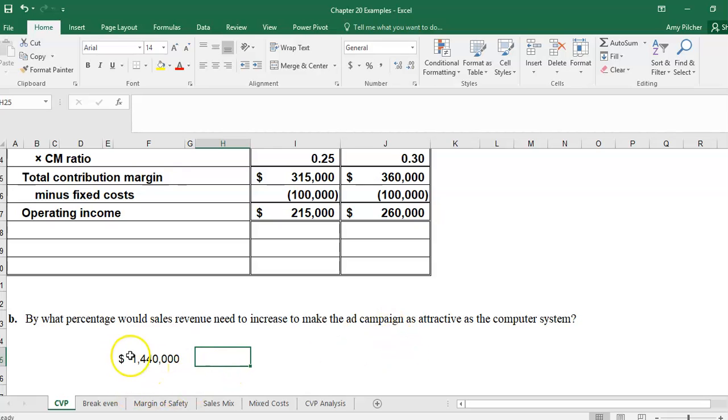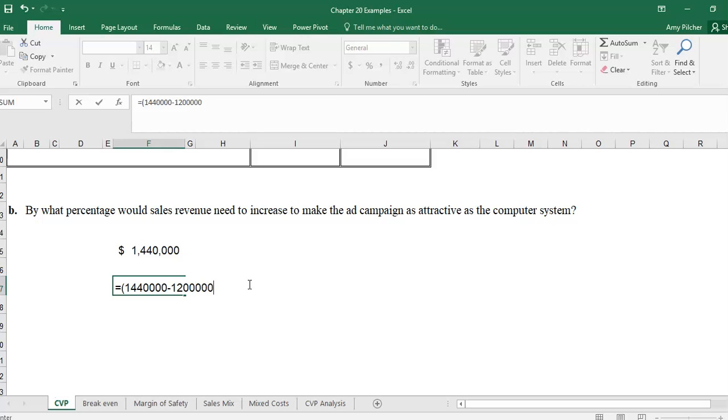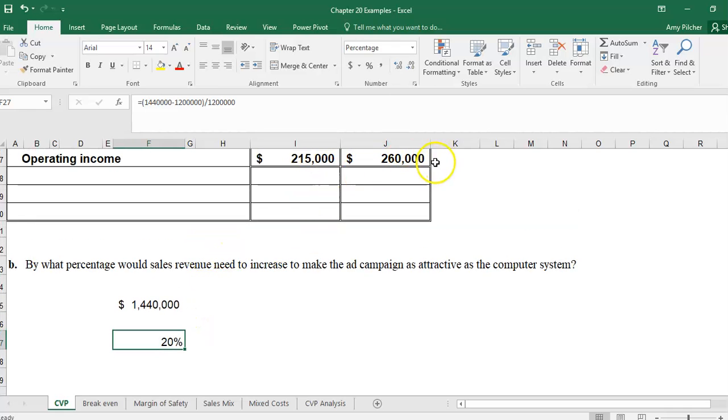Our current sales are $1.2 million. So if we take 1,440,000 minus 1.2 million and divide it by 1.2 million, we are told that we need an increase of 20% in sales to make the advertising campaign give us an operating income of $260,000.